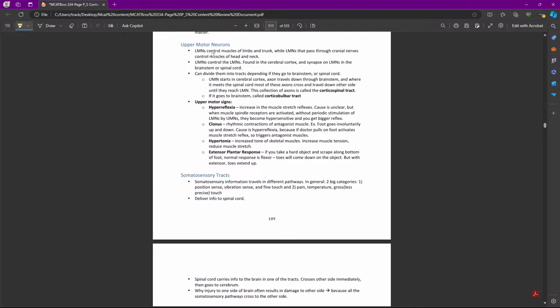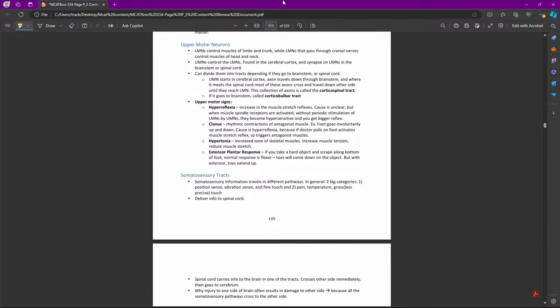Alright, moving to upper motor neurons. Lower motor neurons control muscles of the limbs and trunk, while those that pass through cranial nerves control muscles of the head and neck. Upper motor neurons control the lower motor neurons. They are found in the cerebral cortex and synapse on lower motor neurons in the brainstem and spinal cord.